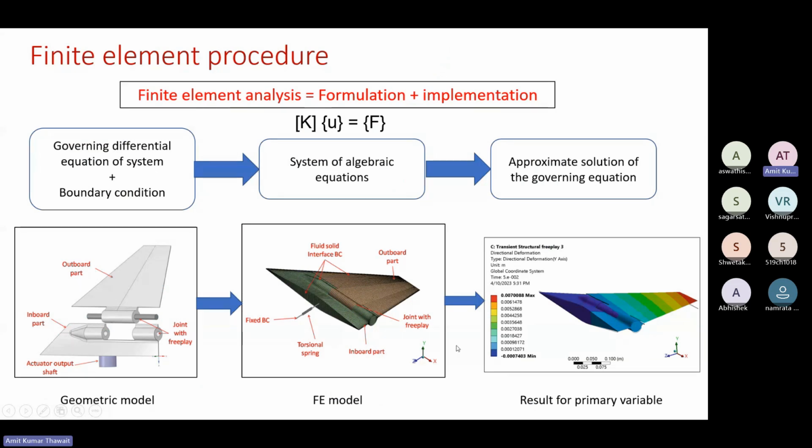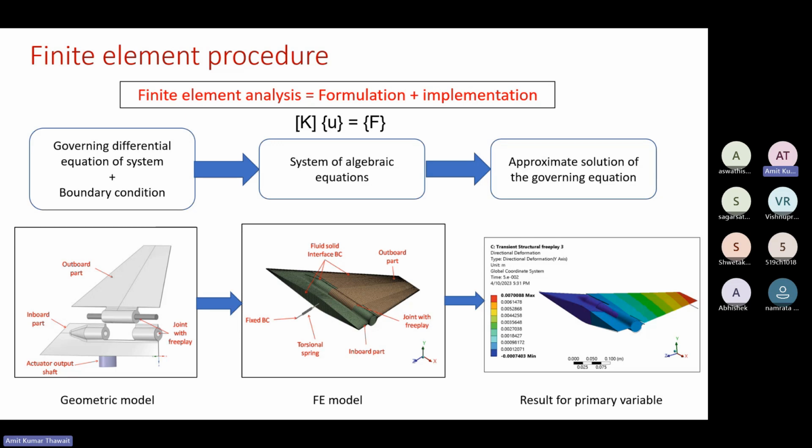So what is the finite element procedure, the fundamental procedure? Here we can see this first left side image. This is the geometric model of a deployable fin. Deployable means it has a revolute joint, and this is a fin of a missile. This fin is used for generating the aerodynamic lift and for controlling its path.